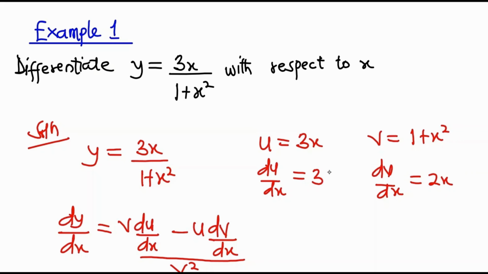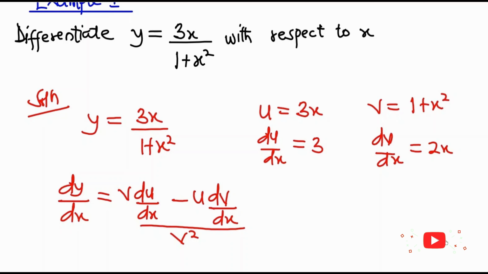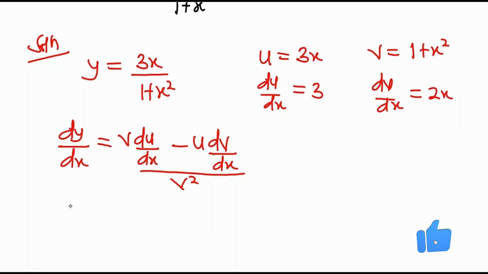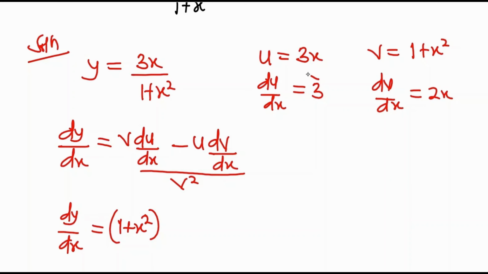So once we have the functions and their derivatives, we substitute into the quotient rule. So we have dy/dx equal to v, which is known to be 1 plus x squared, multiplied by du/dx, which here is 3.